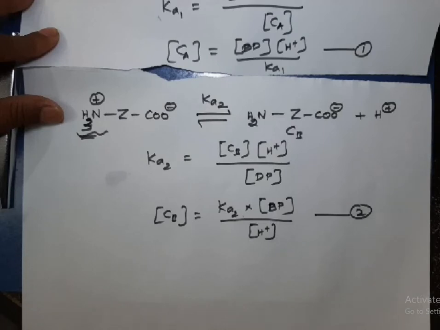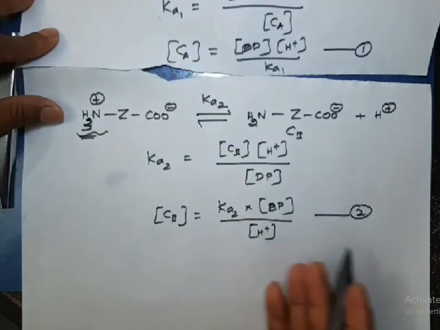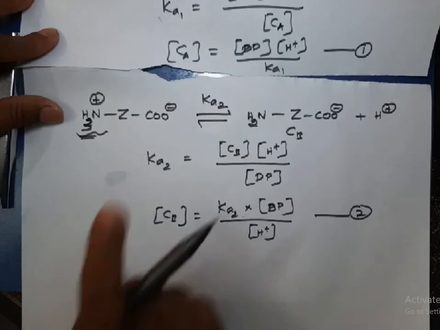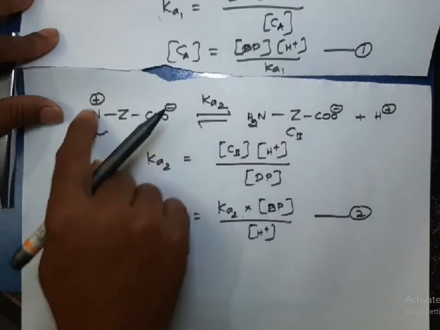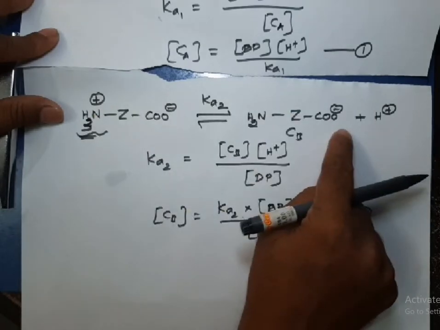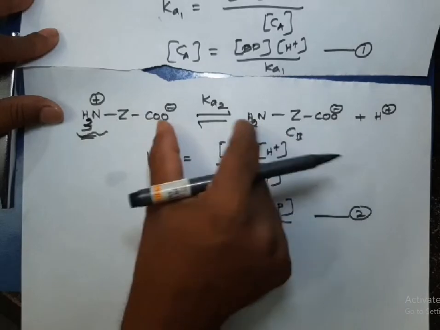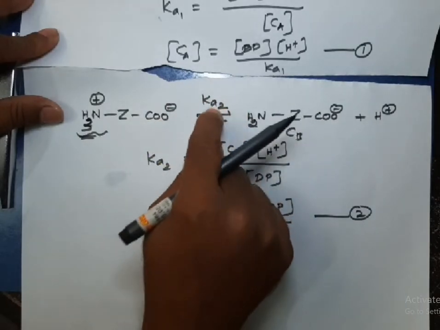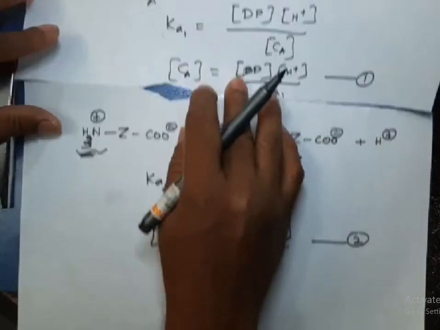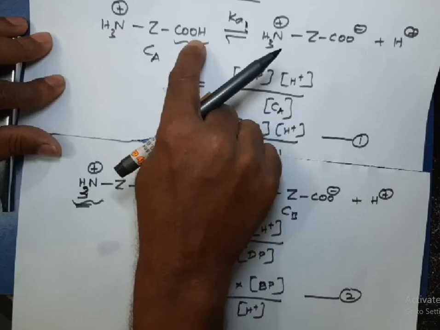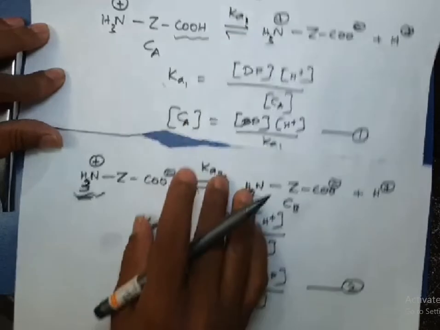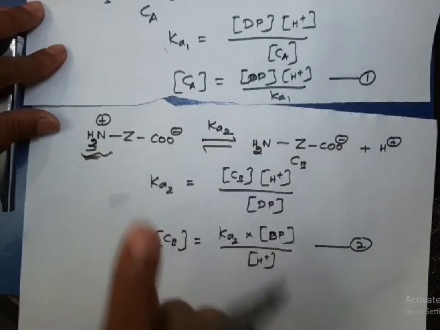I have taken the conjugate acid and found Ca, the concentration of Ca, and I took the zwitterionic form, and if this NH3+ undergoes ionization, then this equilibrium gives you Ka2. Ka2 is the equilibrium constant for ionization of NH3+. Ka1 corresponds to the ionization of the COOH group. If the COOH group ionizes, you get Ka1. If the NH3+ group ionizes, you get Ka2.